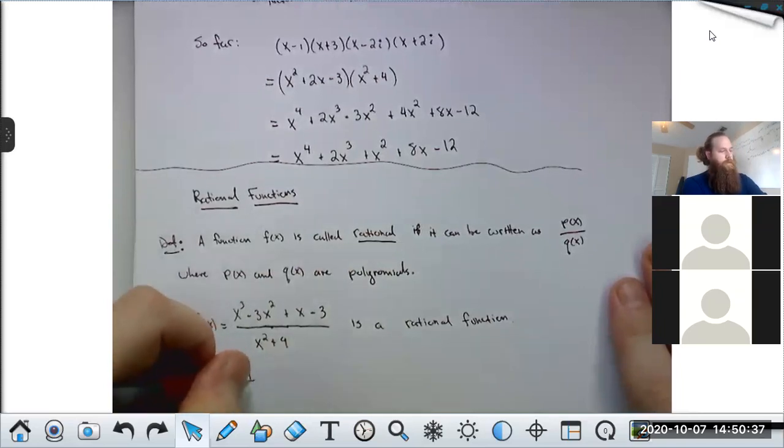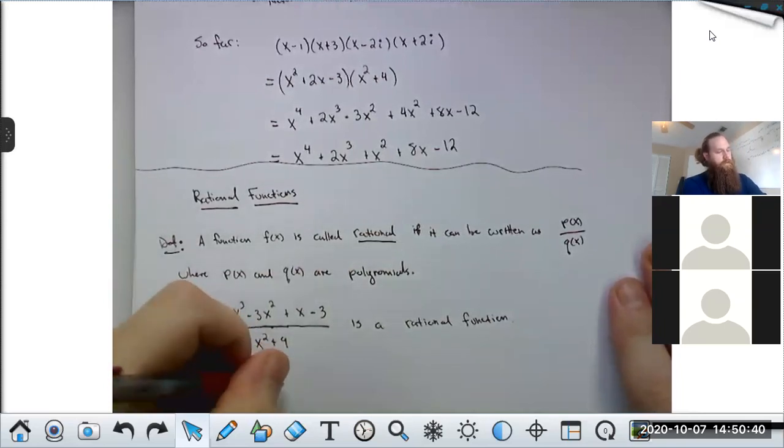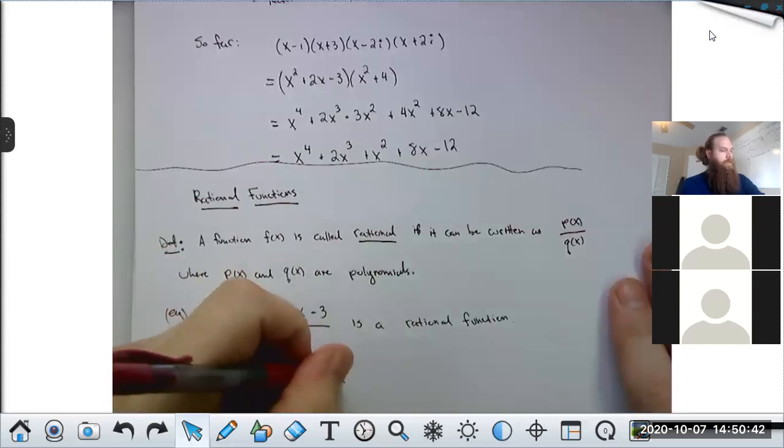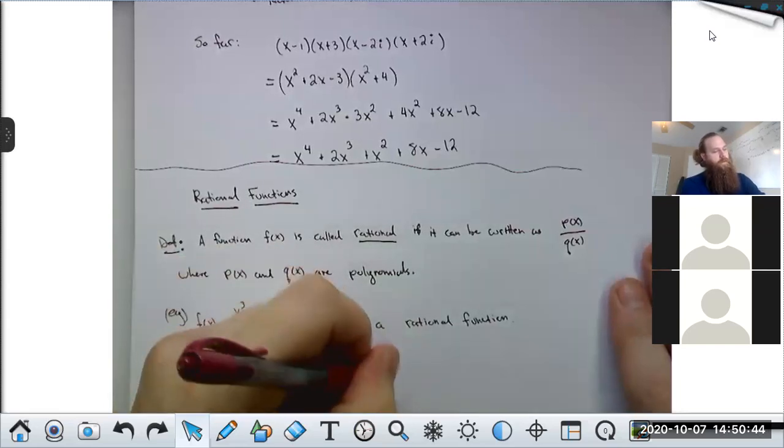F of x equals 1 over x is a rational function.